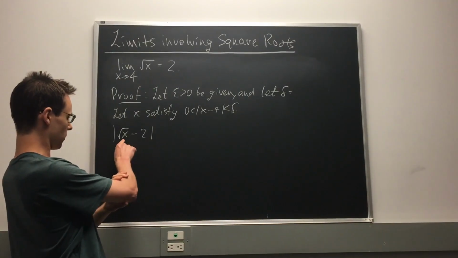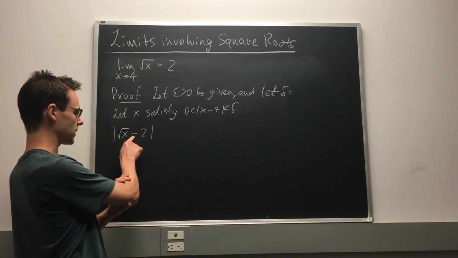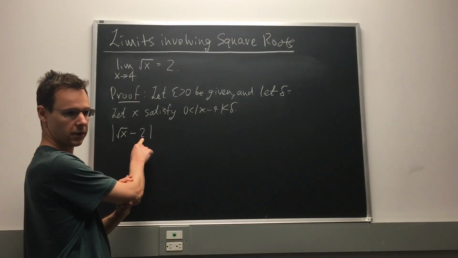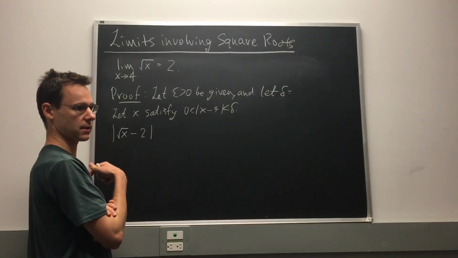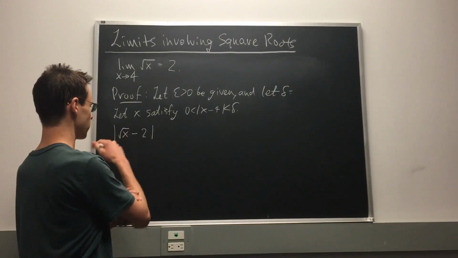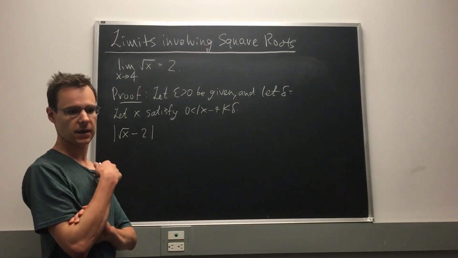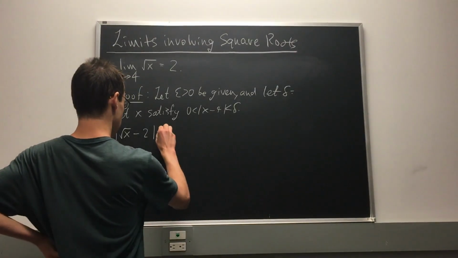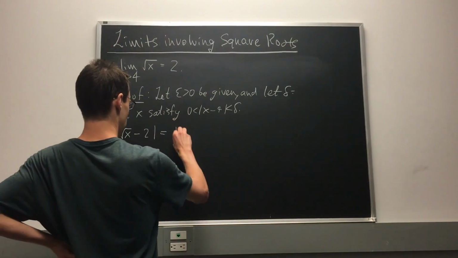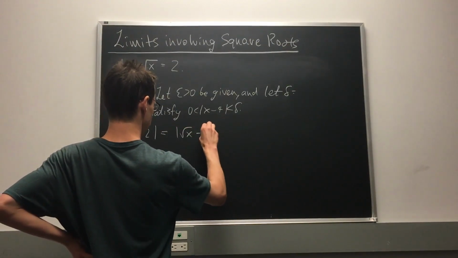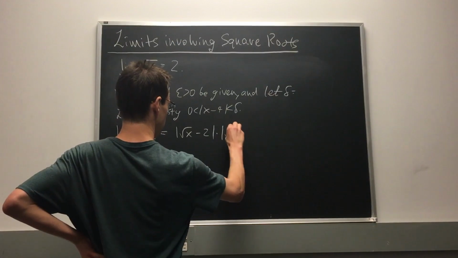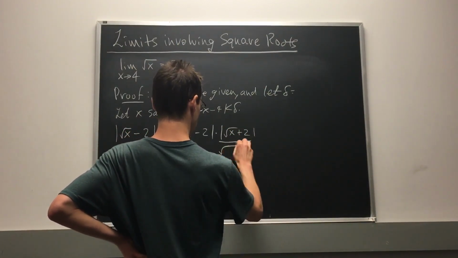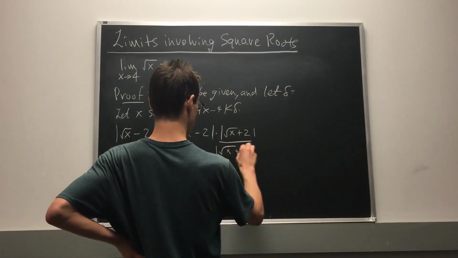Well, we have a square root of x minus square root of 4. So a good place to start would be to rationalize this. Okay? So let's multiply and divide by the same thing, root x plus 2. So this equals |√x - 2| times |√x + 2| divided by |√x + 2|.